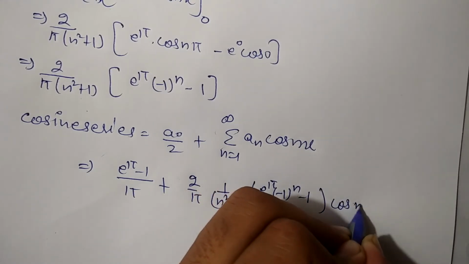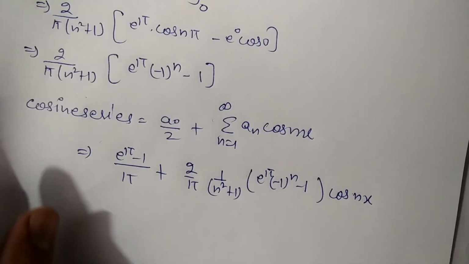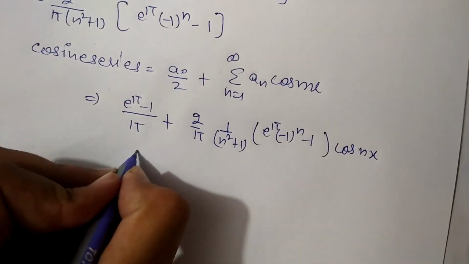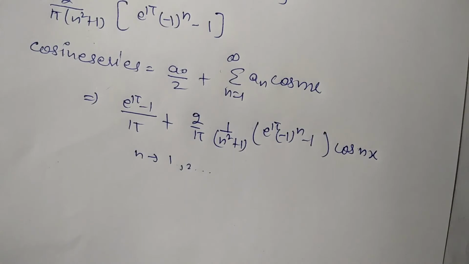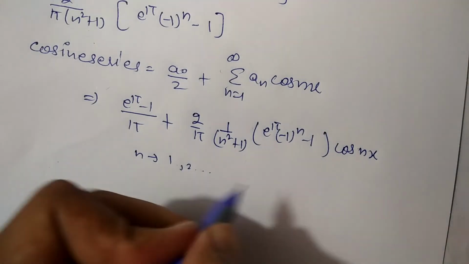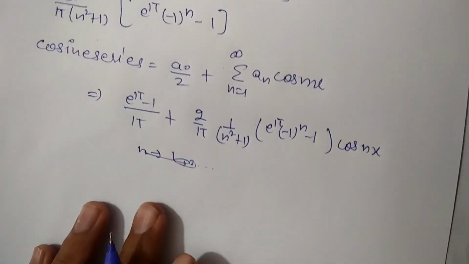Now putting the values of n equal to 1, 2, 3 and so on, we will get its value. No need to put its value, we can get it just like that.